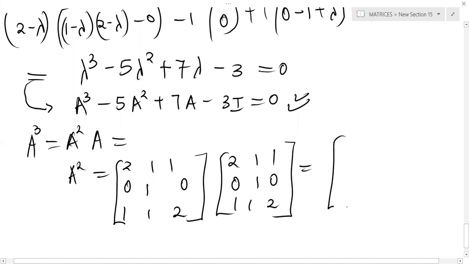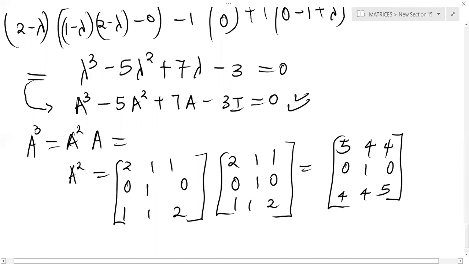So if you evaluate this correctly, A squared, we are going to get 5, 4, 4, 0, 1, 0, 4, 4, 5. It's row against column. Like for this position, row 1 against column 1, that is 2 times 2 is 4, plus 1 times 0, plus 1 times 1. So 4 plus 1, 5, and so on.